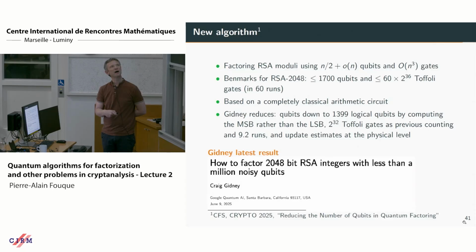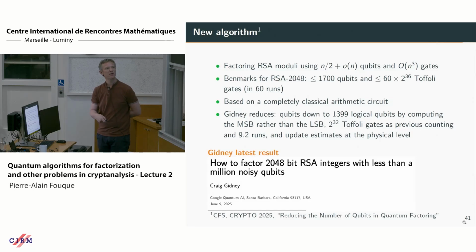In our work, we compute the LSB of some value, where the LSB is the least significant bit. He shows that it's better to compute the most significant bit of the value. He also reduced the number of Toffoli gates and also the number of runs. So it's something that is much more practical.